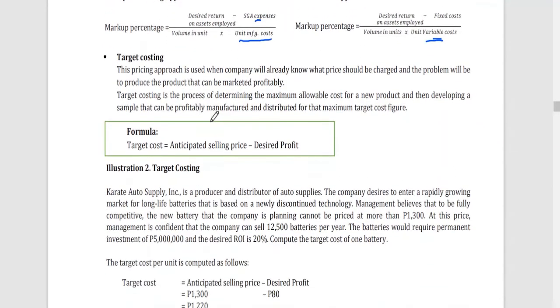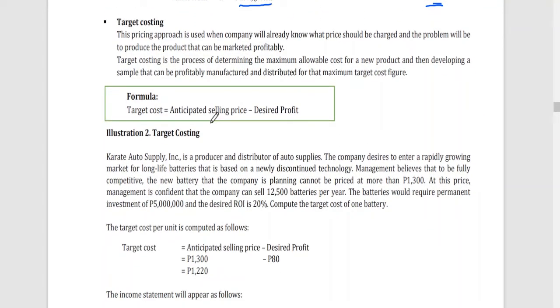Next, we have the target costing. So this pricing approach is used when the company will already know what price should be charged, and the problem will be to produce the product that can be marketed profitably. Target costing is the process of determining the maximum allowable cost for a new product and then developing a sample that can be profitably manufactured and distributed for that maximum target cost figure.